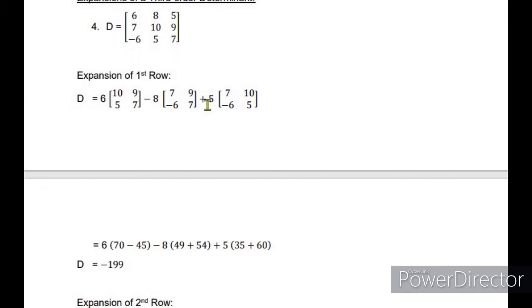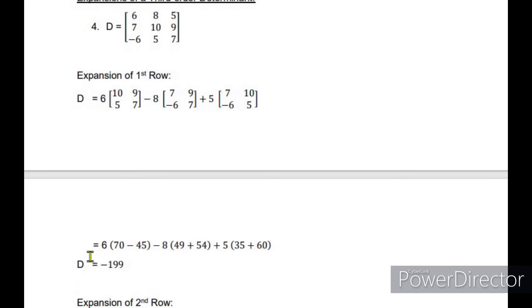Then last is plus the third element of the first row, which is 5, multiplied by all the elements that do not belong to its row and column, which are 7, 10, -6, and 5.